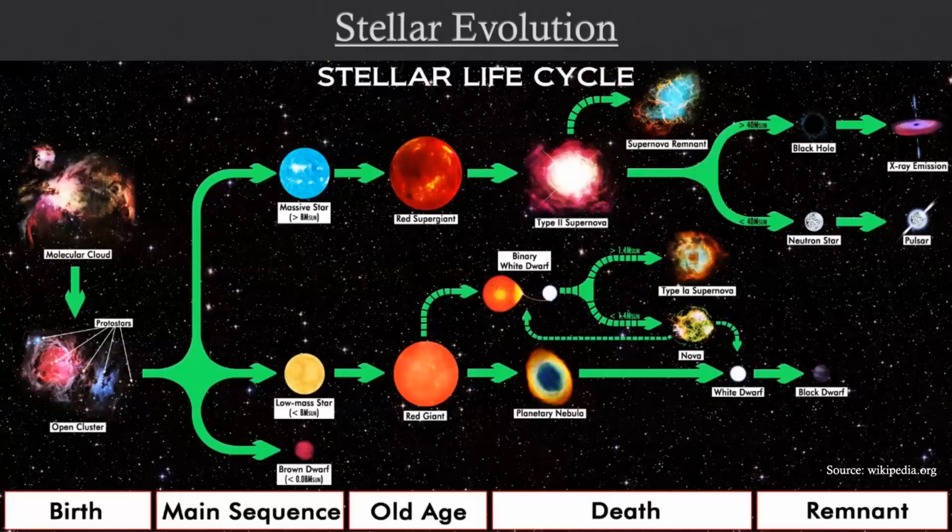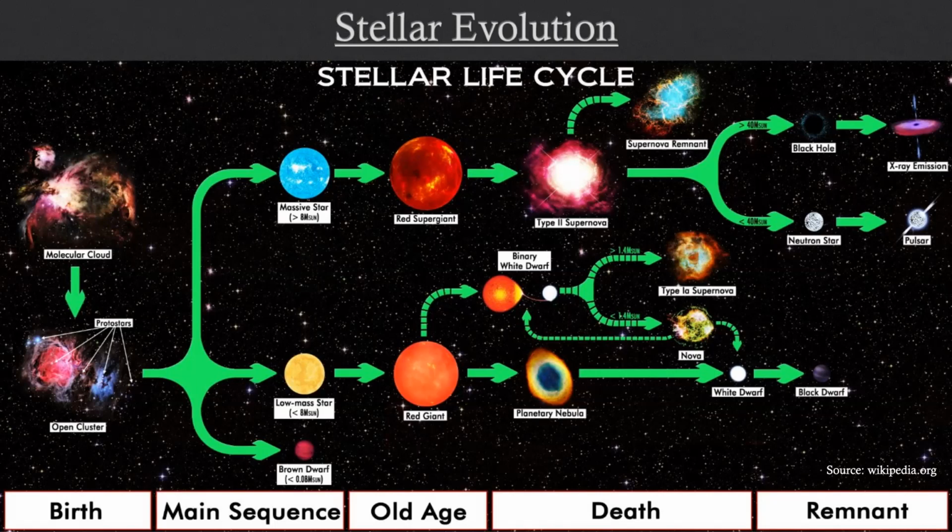Now, this is a nice diagram you are shown when you are being introduced to stellar evolution. We have molecular clouds of gas and dust from which we get protostars. When there is sufficient temperature in the core to start hydrogen fusion, those protostars go from pre-main sequence to main sequence.